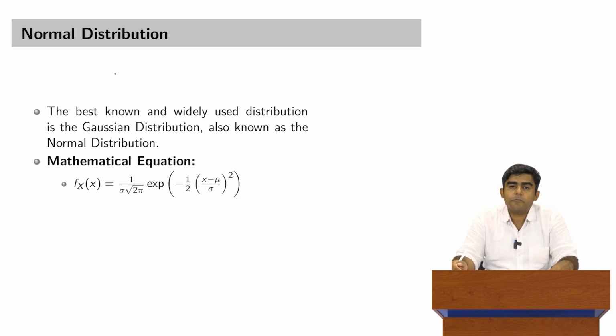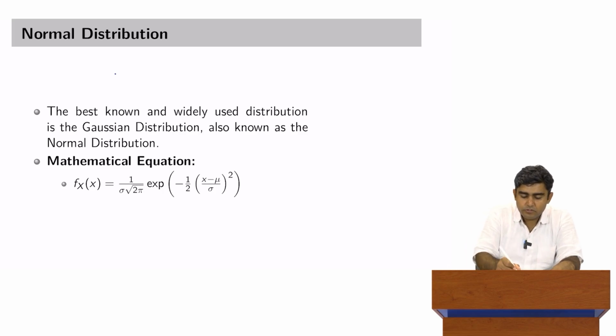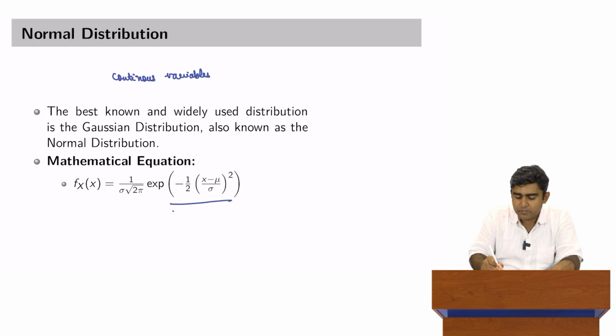So the first and foremost distribution that comes handy in most of the situations is normal distribution, and normal distribution typically applies to continuous variables. And mathematically, the functional form is written as 1 by sigma root 2 pi and exponential of minus 1 by 2 times (x minus mu upon sigma) squared.